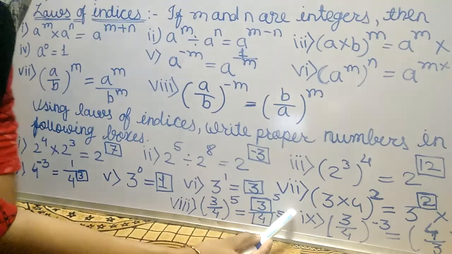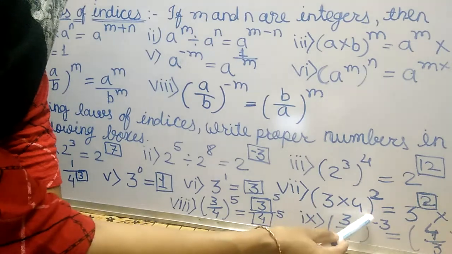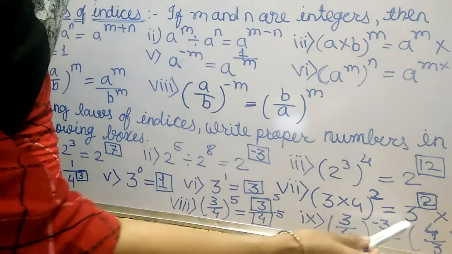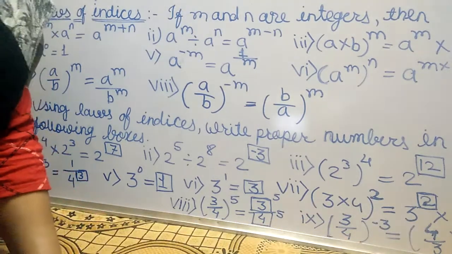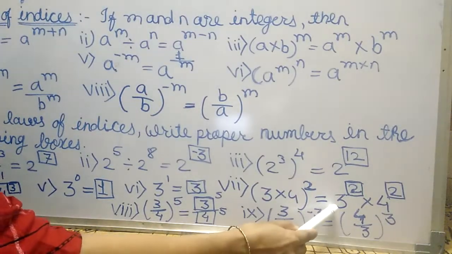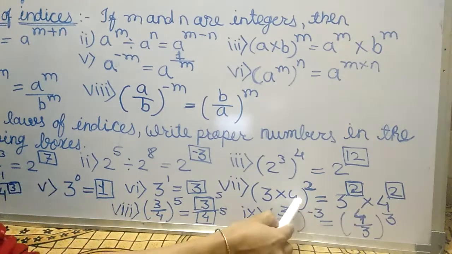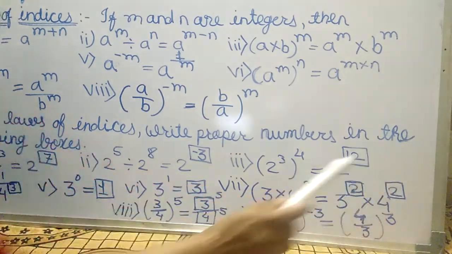Now next 7: bracket 3 into 4, and the power is 2. Now we have to split these values as 3 to the power 2 and 4 to the power 2.